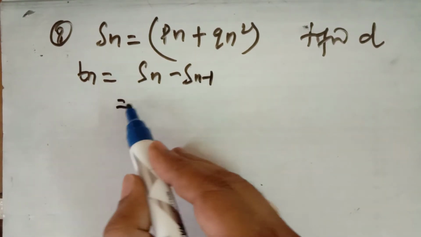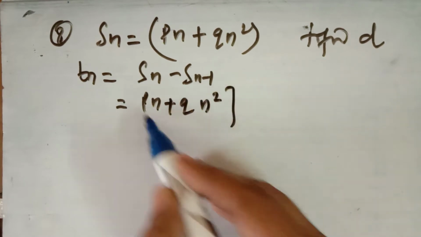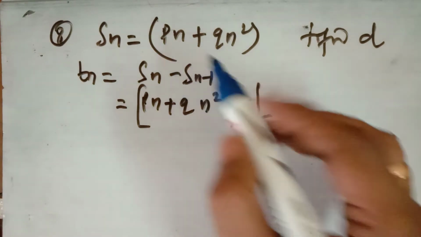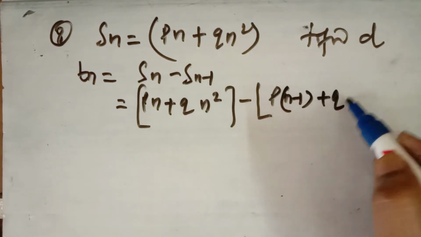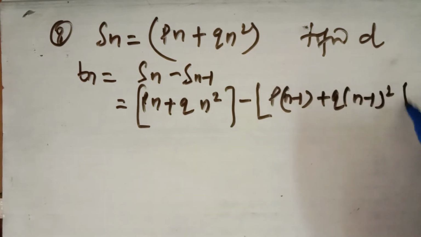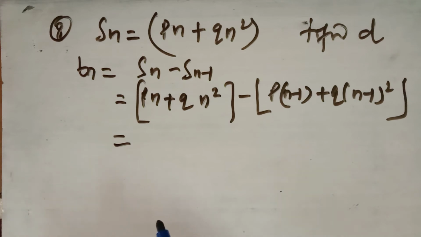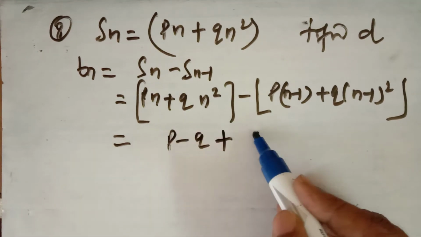So Sn is Pn plus Qn square, and S(n minus 1) will be obtained by replacing n by n minus 1 in this Sn. So P(n minus 1) plus Q(n minus 1) whole square. When you simplify it, you will get the nth term as P minus Q plus 2Qn.